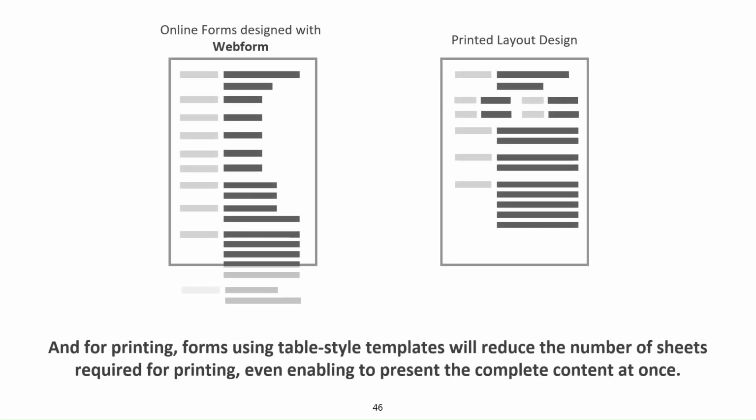Since forms in the company often need to be printed for records or archiving, the design naturally incorporates a staggered layout to save space. This allows for a comprehensive presentation of information at a single glance and aids in saving paper when printing.